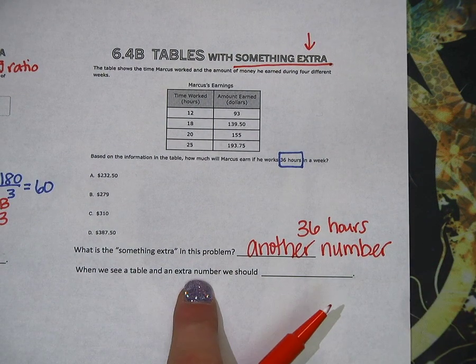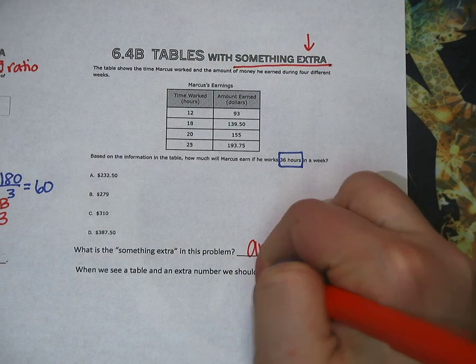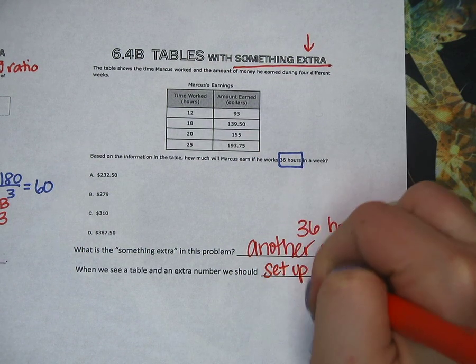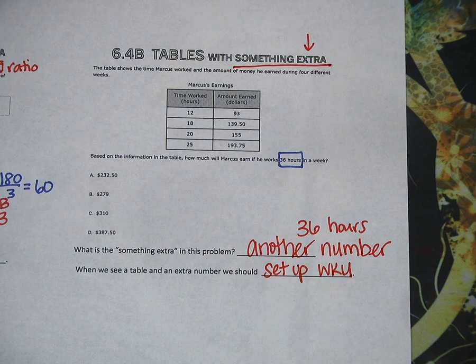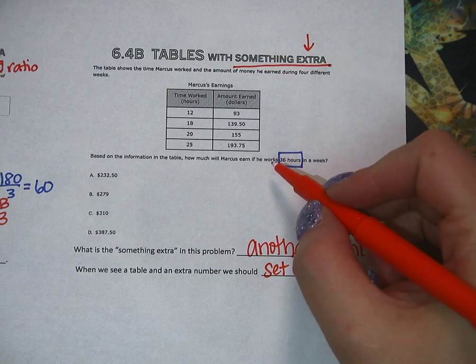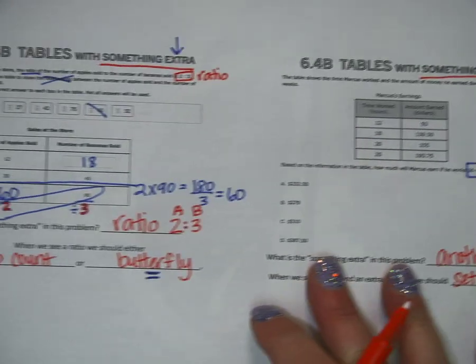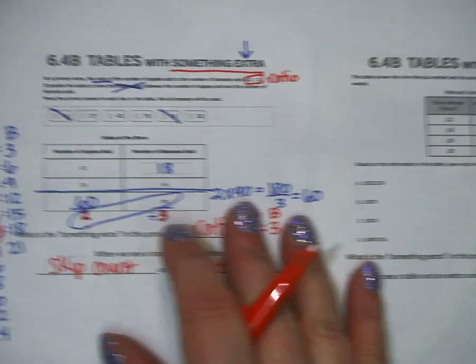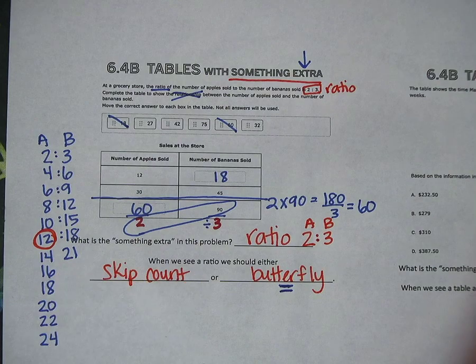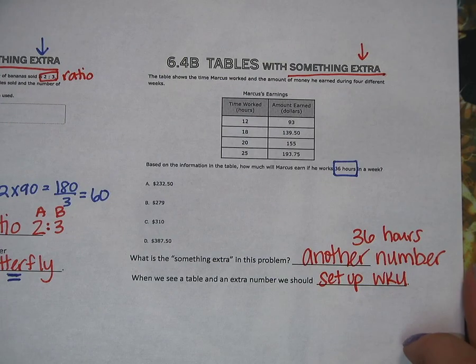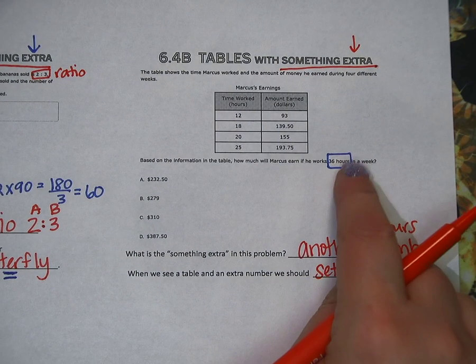And when we see a table with an extra number, we need to set up our WKU. Because the something extra was a number, it tells me I'm going to set up a WKU. Again, over here, the something extra was a ratio, which told me to skip count. All right, so let's set up our WKU for this one with our extra number.